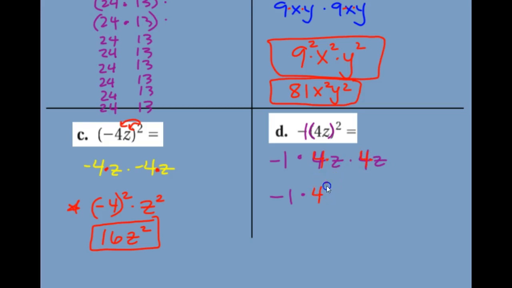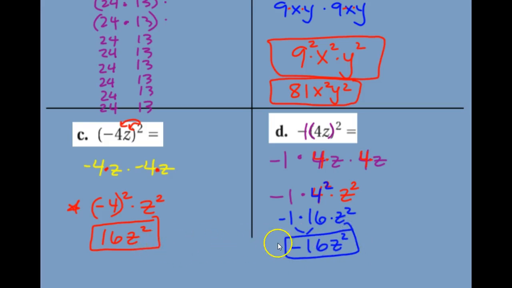Well, that's 2 4s, so 4 squared. And then we have z 2 times, so z times z is z squared. So now if you multiply this out, 4 squared, or 4 times 4 is 16, but it's also times a negative 1, which is just negative 16. So we get the same answer, except one's positive and one's negative, depending on where our negative was to begin with.